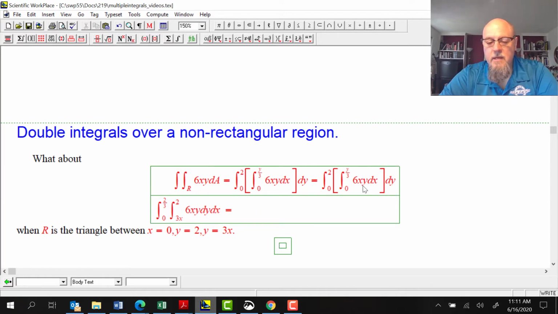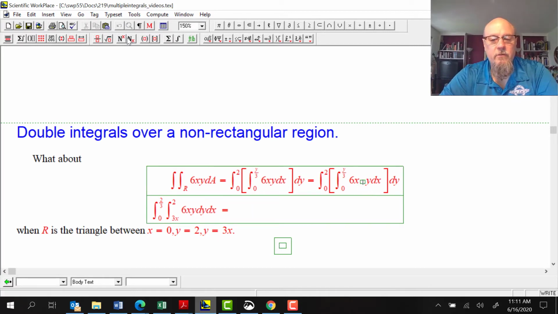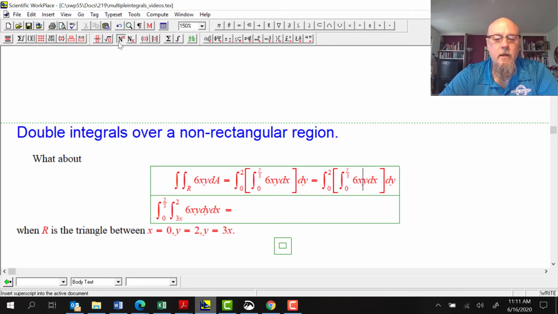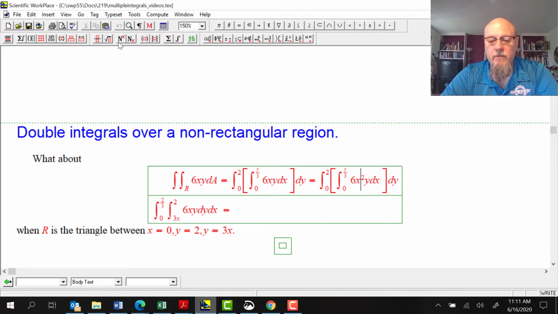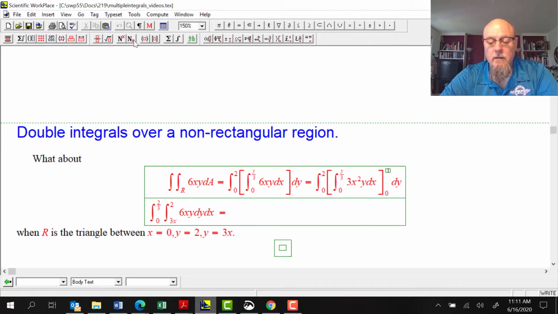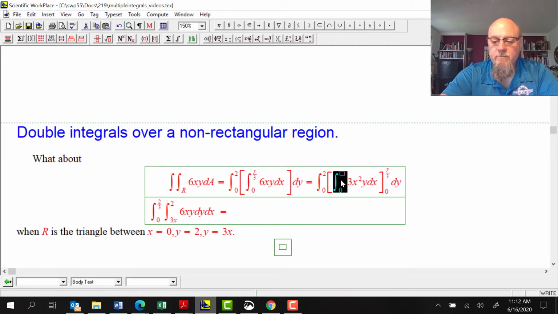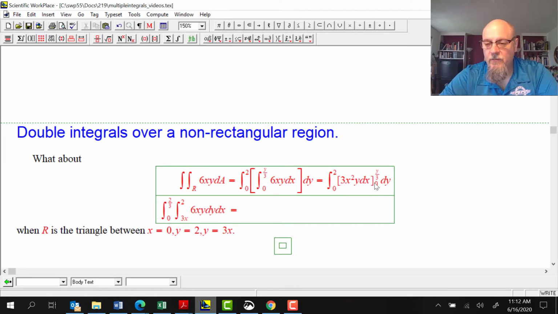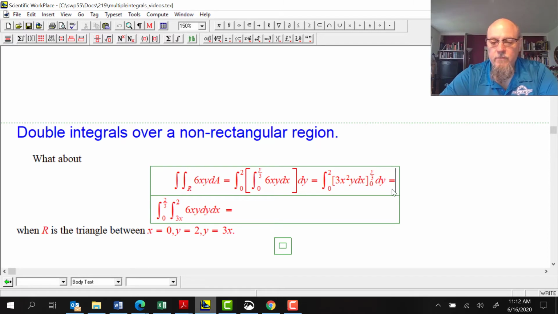So that's going to be add one to the exponent, so it becomes x cubed, divide by what's up top, so that's a 3. And now for our endpoints, we sub in the top minus sub in the bottom, and our bottom here is y over 3. And those are x's. So let's do that.